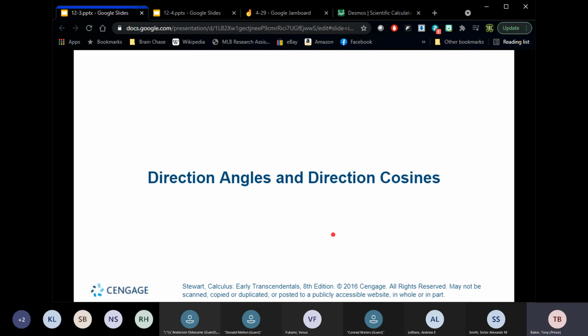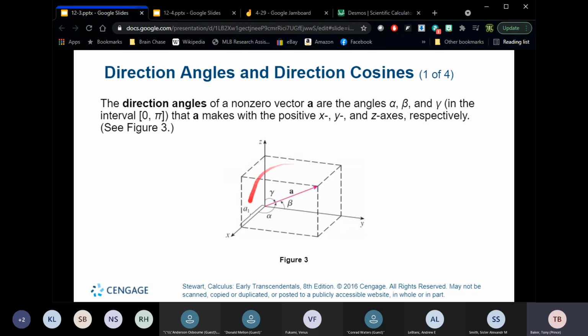All right. Another really valuable piece of information is seeing the angles that the vector has with each of the axes, the x-axis, the y-axis, and the z-axis. If we know the angles between those axes and the vector, that's useful. Those are known as directional angles or direction cosines.